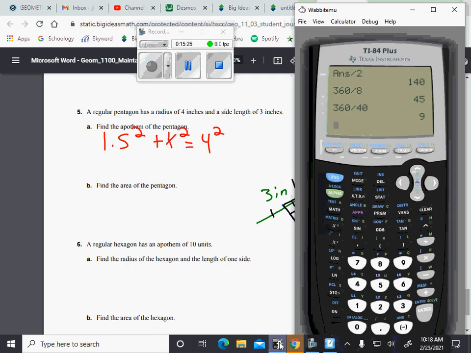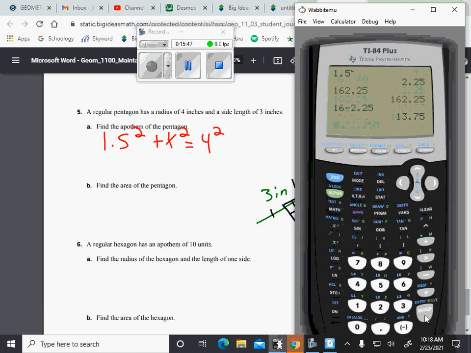I'm going to get 16 on the right side. I'm going to be subtracting that. Actually, I'll do 1.5 squared first. And I'll get 2.25, so I'm going to subtract 2.25 from 16. There we go.